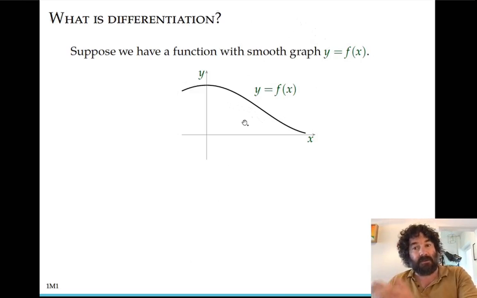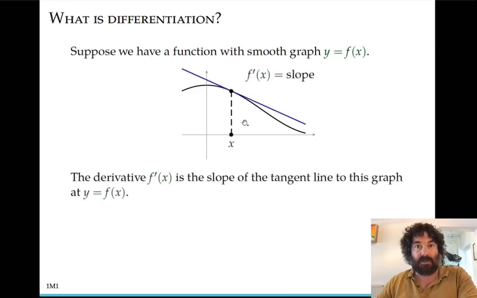And then the derivative of this function at a given point is the slope of the tangent line to the graph at that point. So if we're at a given point x, then the tangent line, this line that just barely touches the graph at that point, is tangent, as we say, at that point.